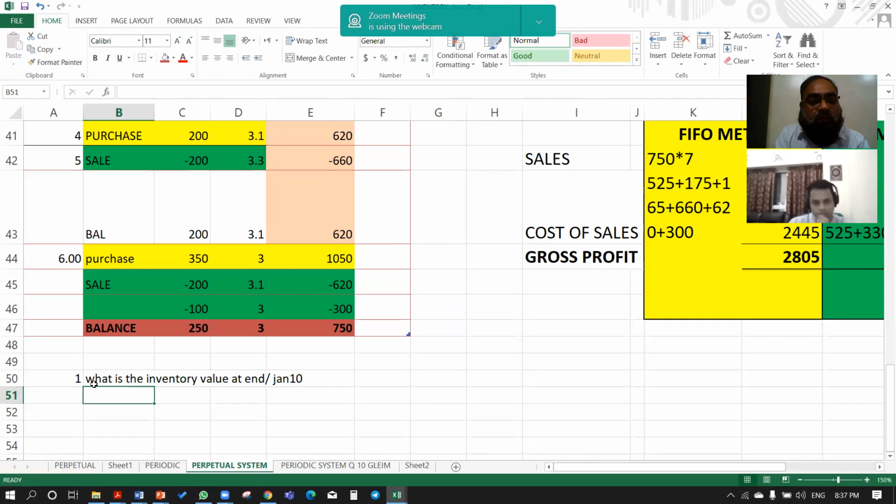Number two, they can ask you what is the cost of goods sold value, or what is the profit value.